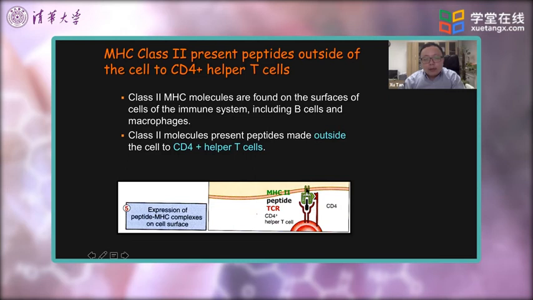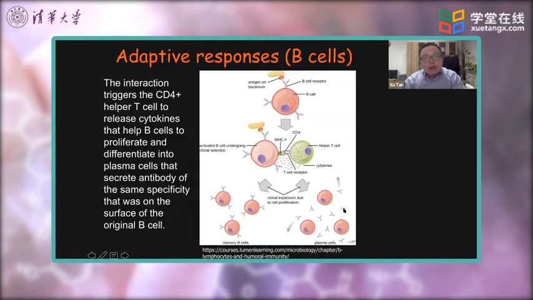Similarly, the CD4 T cells use their TCR to recognize the antigen peptide presented by the MHC molecule on the surface of antigen-presenting cells. This interaction then triggers the CD4 T cell to release cytokines into its environment.